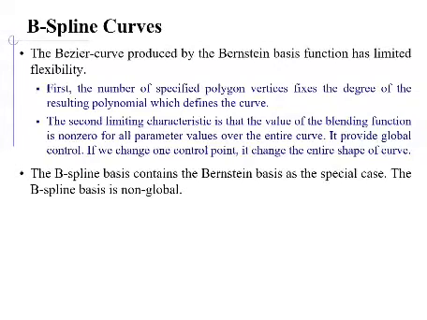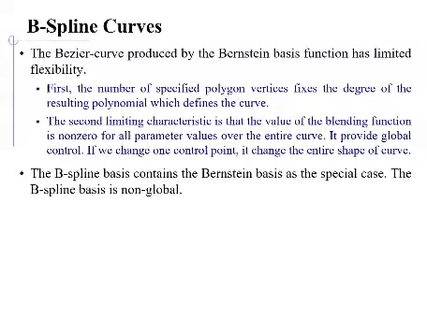Before we start with the properties of the B-spline curve, we are going to see what the drawbacks of the Bezier curve are. The Bezier curve produced by the Bernstein basis function has limited flexibility. First, the number of specified polygon vertices fixes the degree of the resulting polynomial which defines the curve.